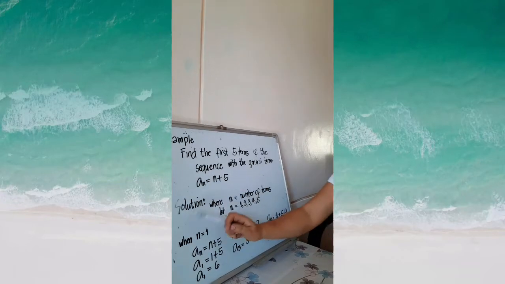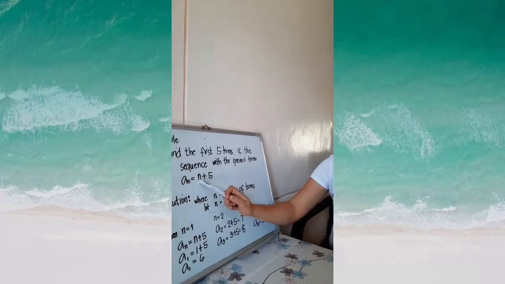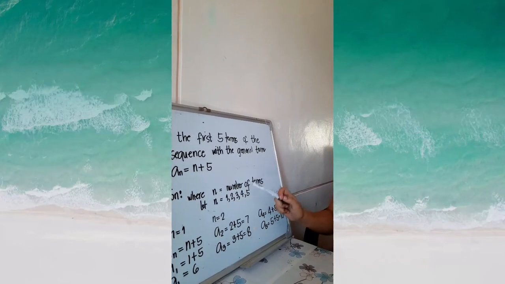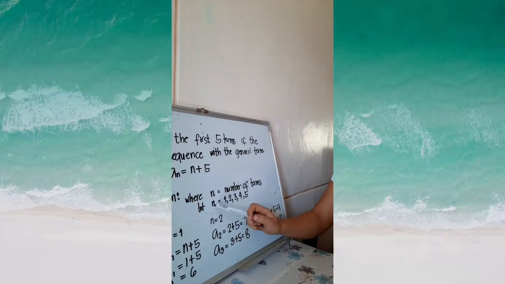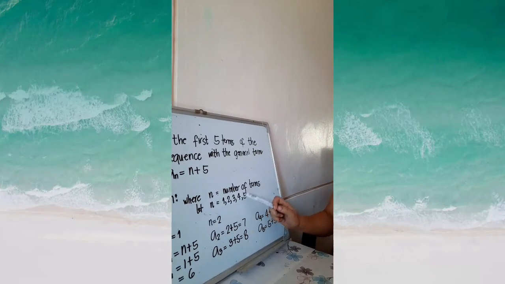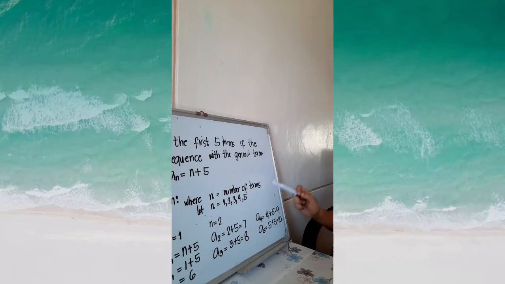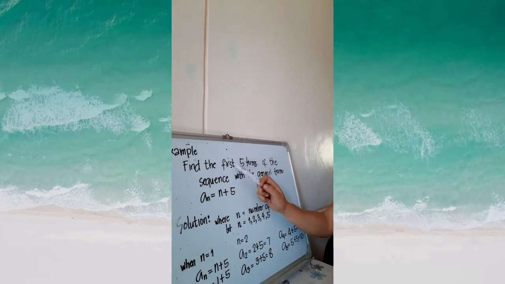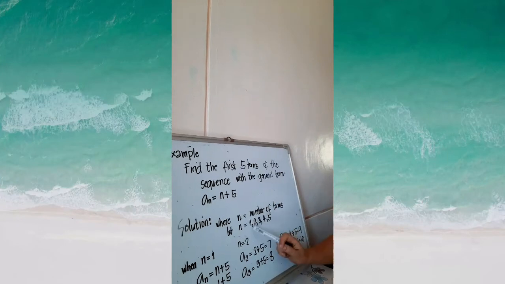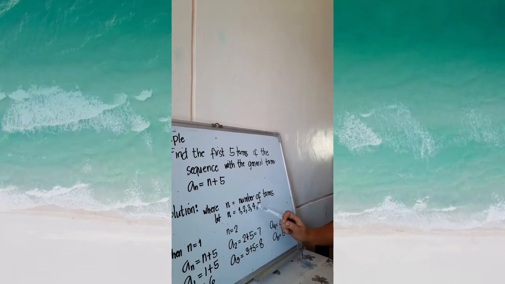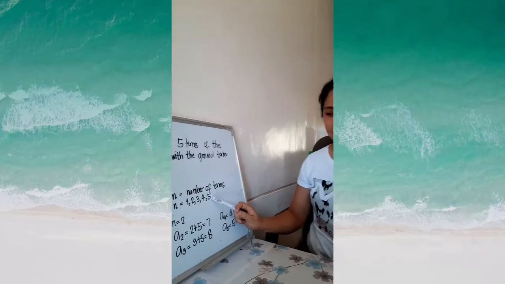Here is the solution. n here represents any number or the number of terms. So n could be 1, 2, 3, 4, 5, 6, 7, 8, 9, 10, and so on. But since we're only looking for the first 5 terms, we're just going to use n as 1, 2, 3, 4, 5 as the number of terms.